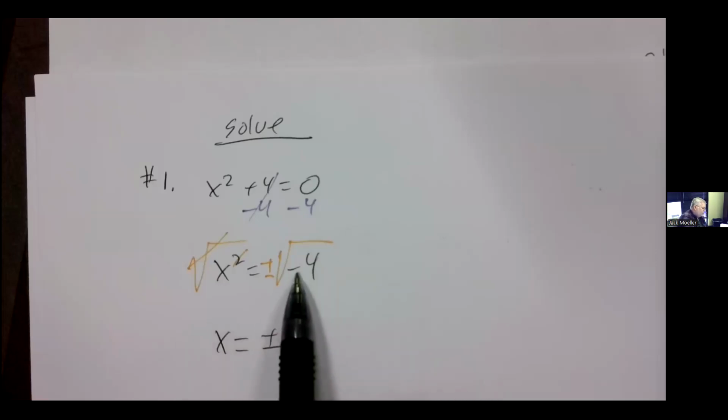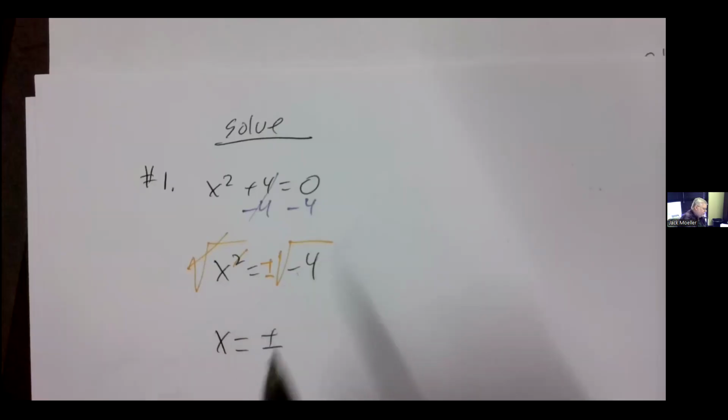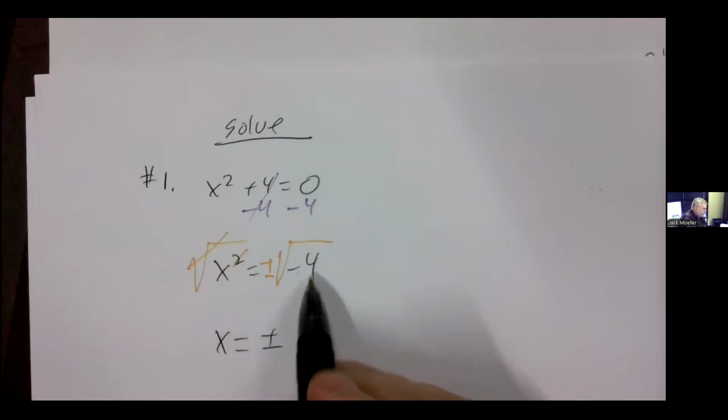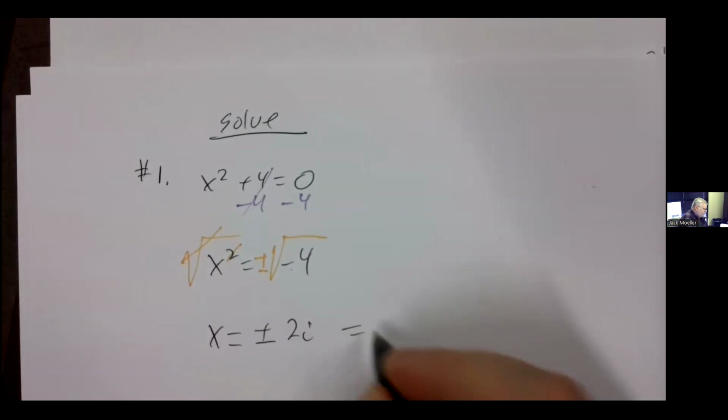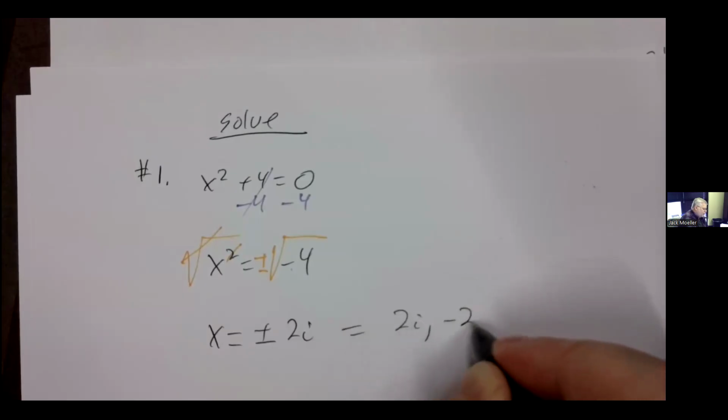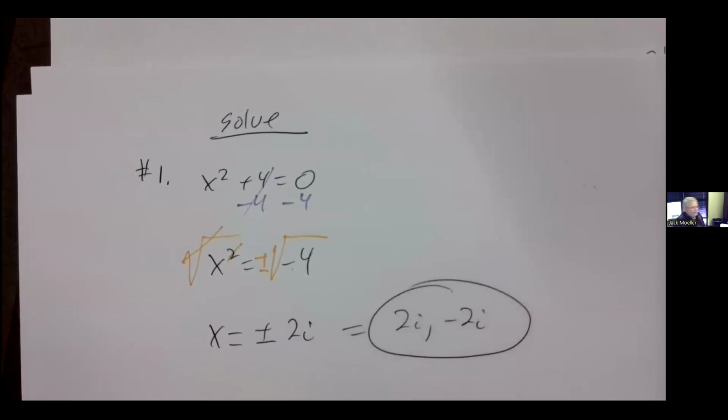Why are we getting an error? Because we're taking the square root of a negative. So you have to know that i is part of the answer. The square root of 4 is 2, so it'd be plus or minus 2i. Or in MATLAB, 2i, comma, negative 2i. So we're going to get imaginary numbers if you take the square root of a negative number. That's part of the answer.